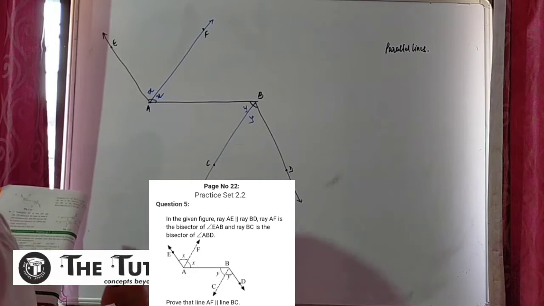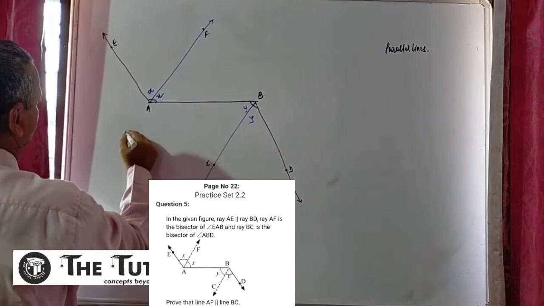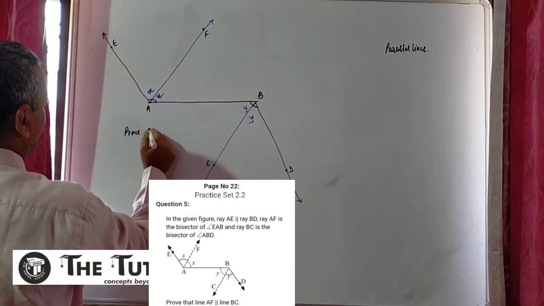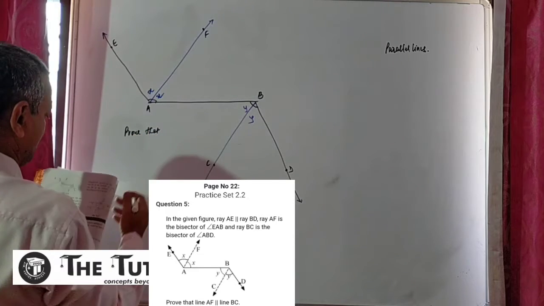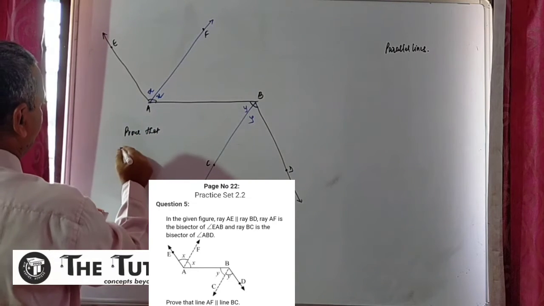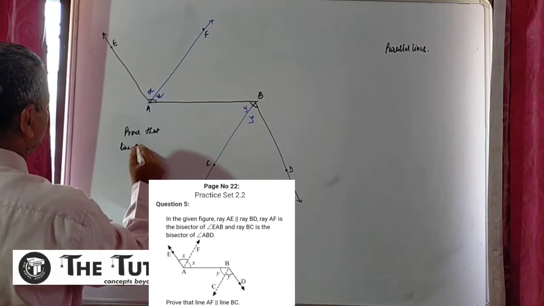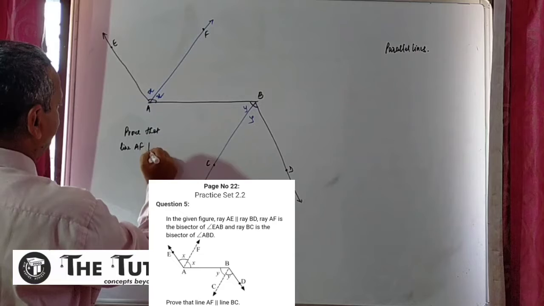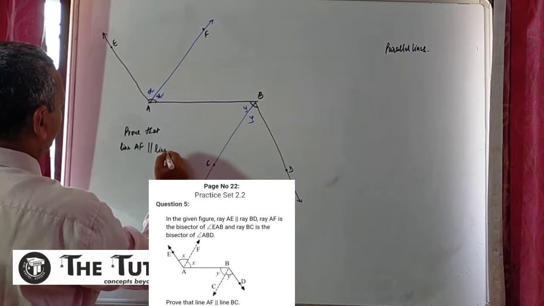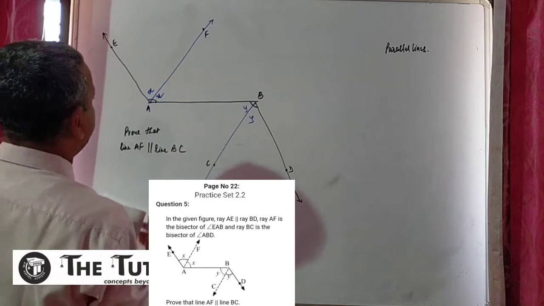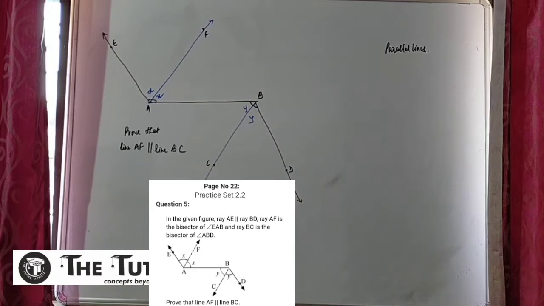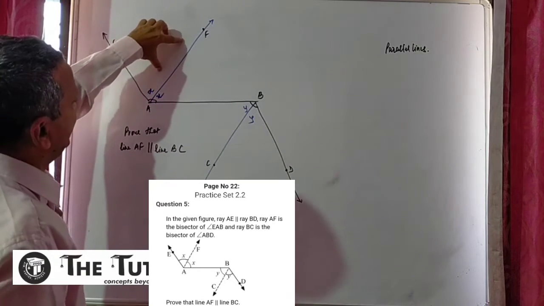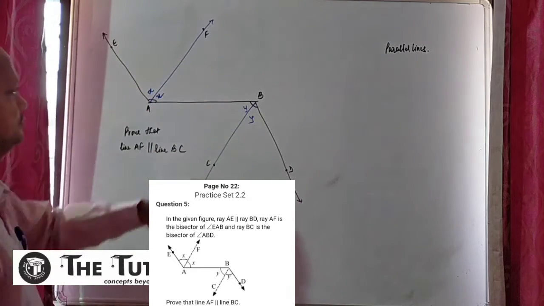We have to prove that line AF is parallel to line BC. Line AF, the blue colored line. The line AF is parallel to line BC.